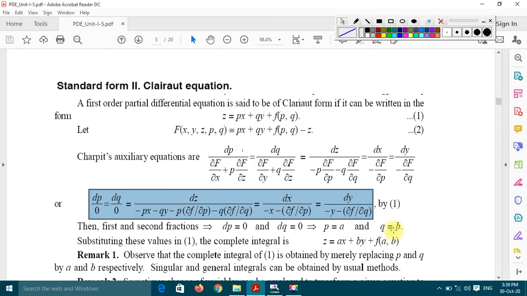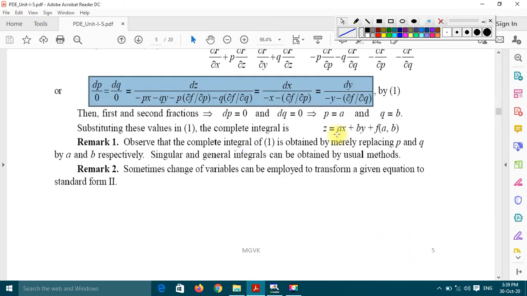Now substitute these values of p and q into equation number 1, we get z is equal to ax plus by plus f(a,b). This is our required solution, or complete integral, or complete solution of the given differential equation.